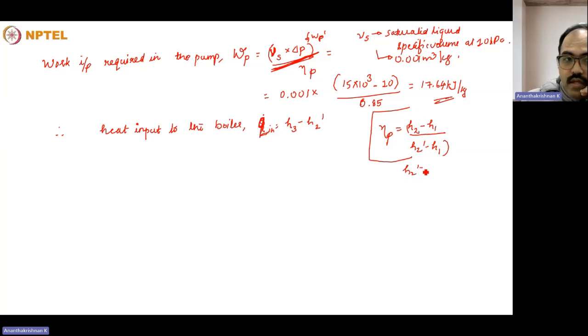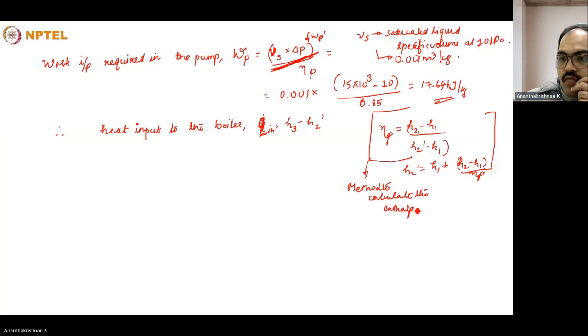With a slight rearrangement, H2 dash will be equal to H1 plus H2 minus H1 divided by the efficiency. This is one method to calculate the enthalpy of water at the exit of the pump.